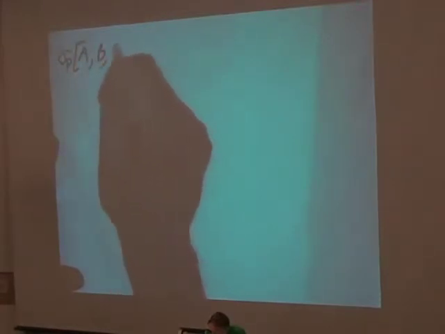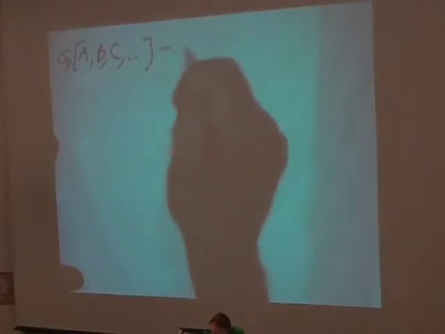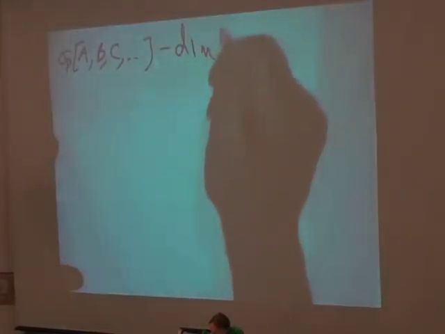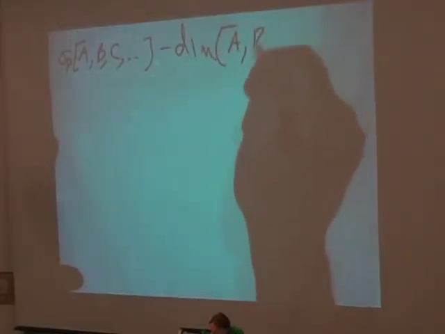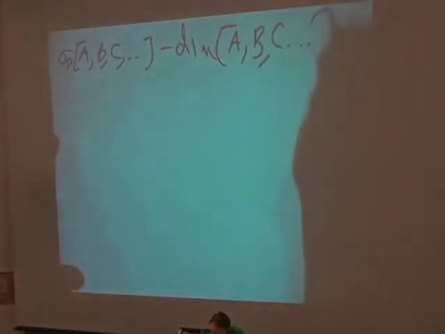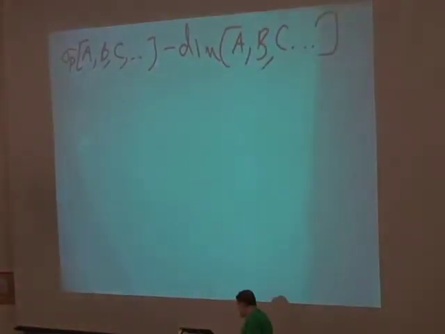Now I want to say there's another version of the invariant, which is this. Let's consider sigma p of A, B, C minus the dimension of A, B, C. I chose sigma p to start with because that's a generalization of the traditional signature, and I thought you'd find it happy.